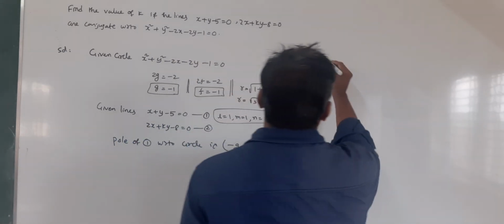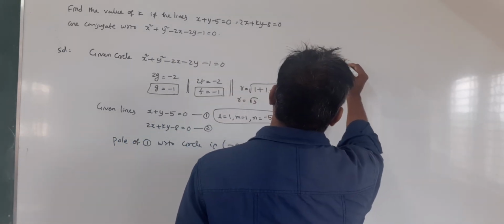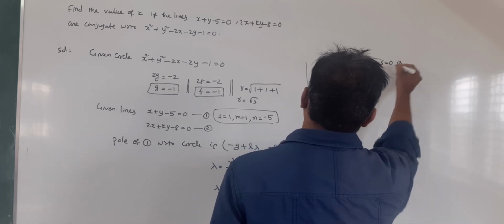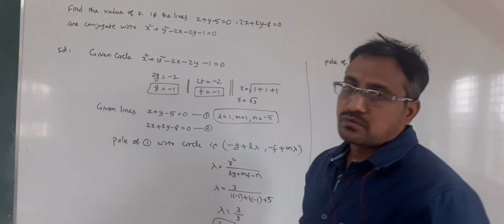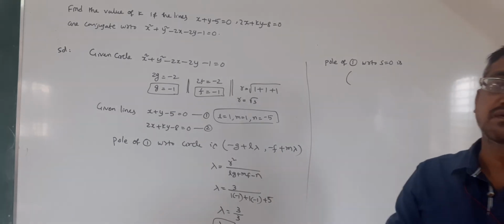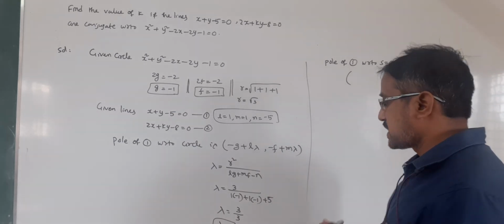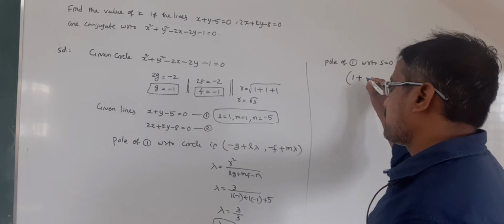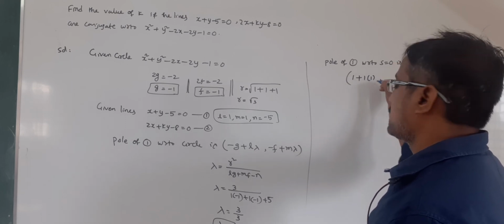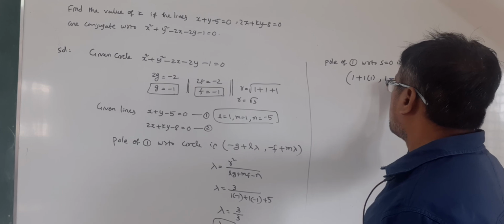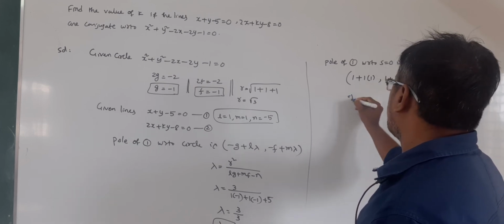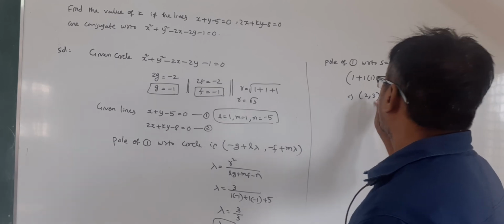Now the pole of equation 1 with respect to S is equal to 0: we are going to find the pole of line 1 with respect to the circle, that is 1 plus L lambda, 1 into 1 comma 1 plus 1 into 1, so that will be 2 comma 2.